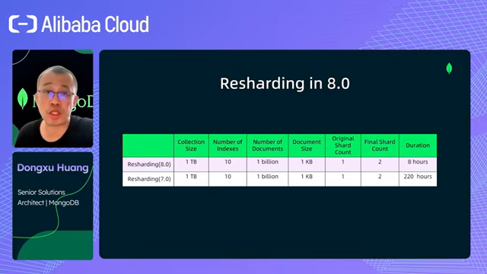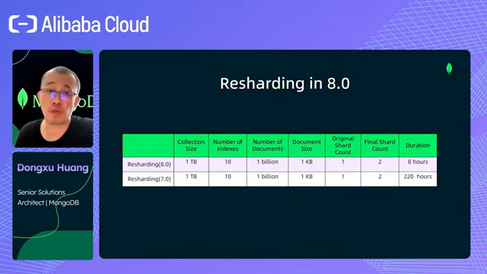With the new resharding in MongoDB version 8, on the other hand, this takes only 8 hours. That means an operation that used to take days or weeks to complete now only needs half a day.